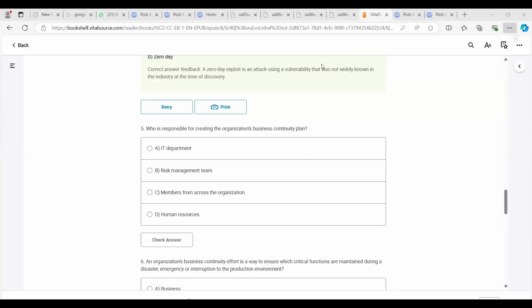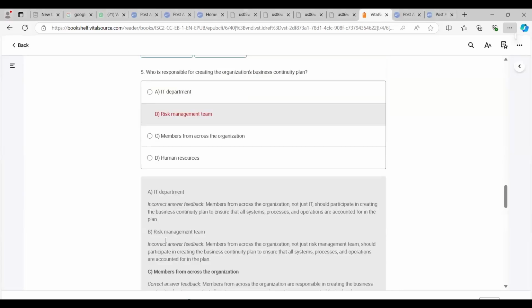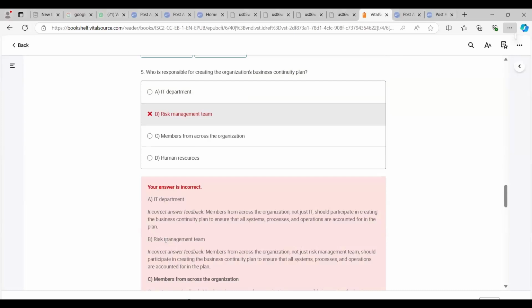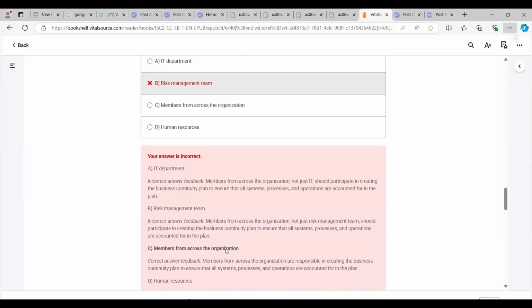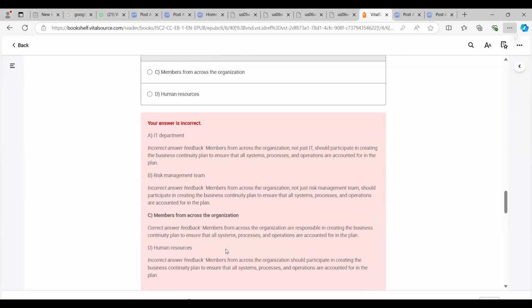So let's check it out. Because we listed all of the people that are going to be involved, each department will have their own incident response plan.